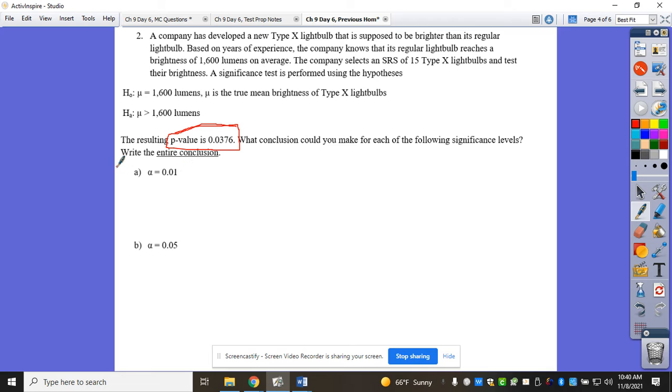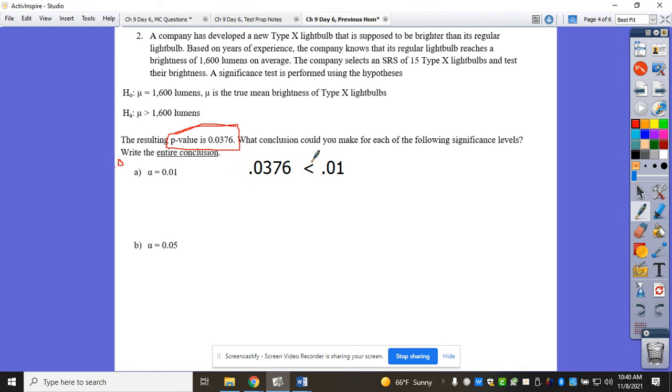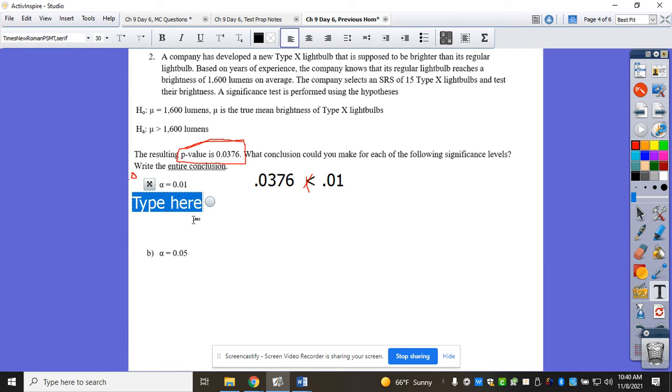So how does this p-value compare to that? It is not less than, which means what?